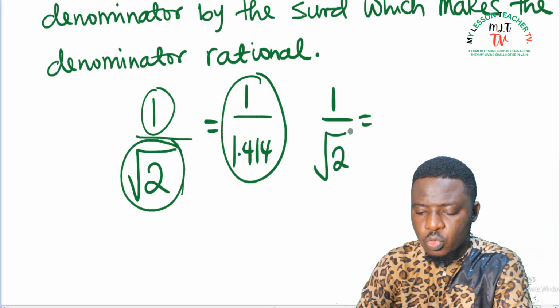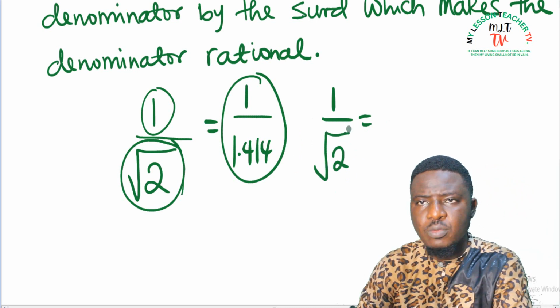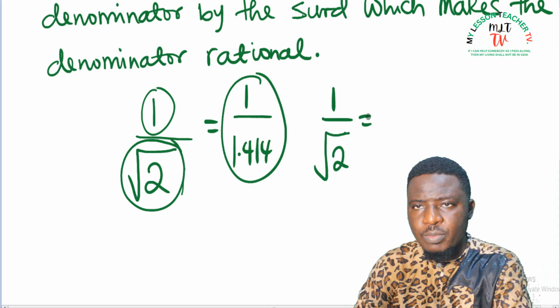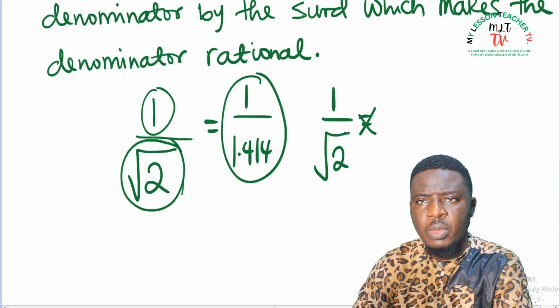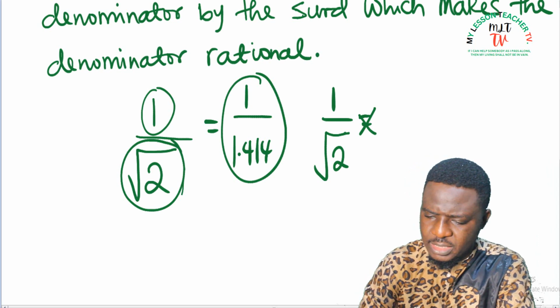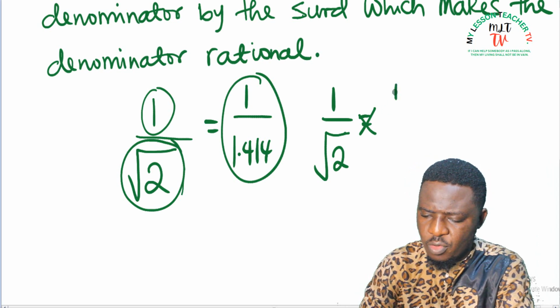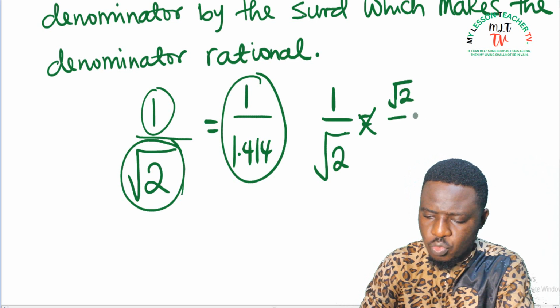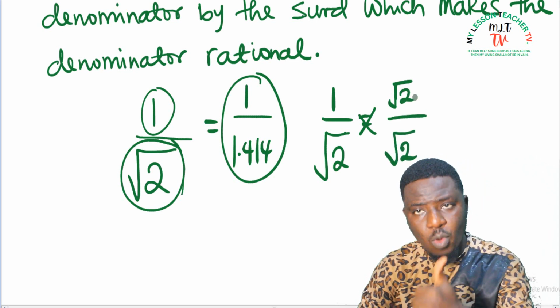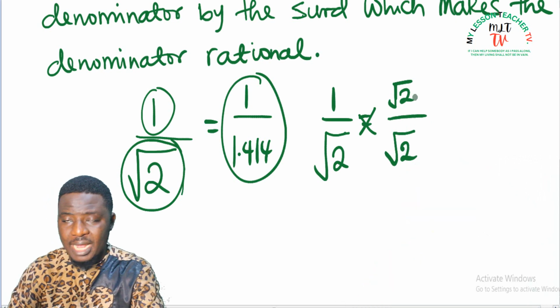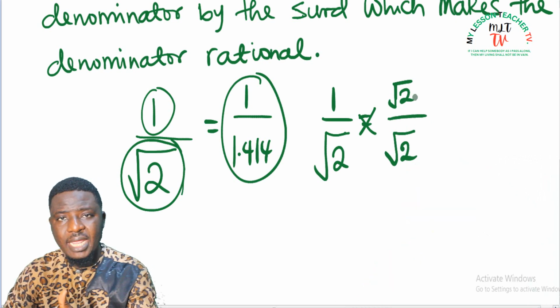To rationalize root 2, we have to multiply both the numerator and the denominator by root 2. Why root 2? This is because if I multiply 1 over root 2 by root 2 over root 2, which is also said to be 1, and I told you that whenever you multiply any number by 1, it does not change that number.